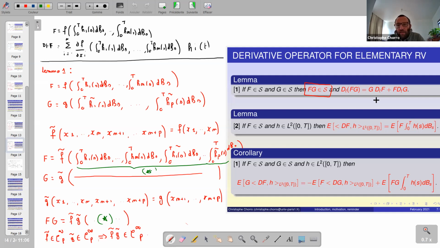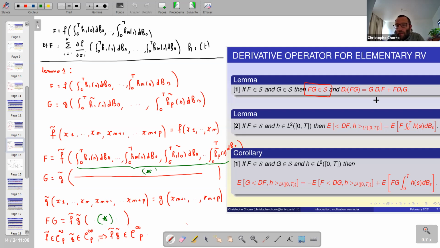An integration by part is a derivative operator, an integral, and the integration by part formula is a consequence of the formula of the type (uv)' equal to u'v plus uv'. And here you see that the derivative operator that we have built together fulfills a classical product rule principle.